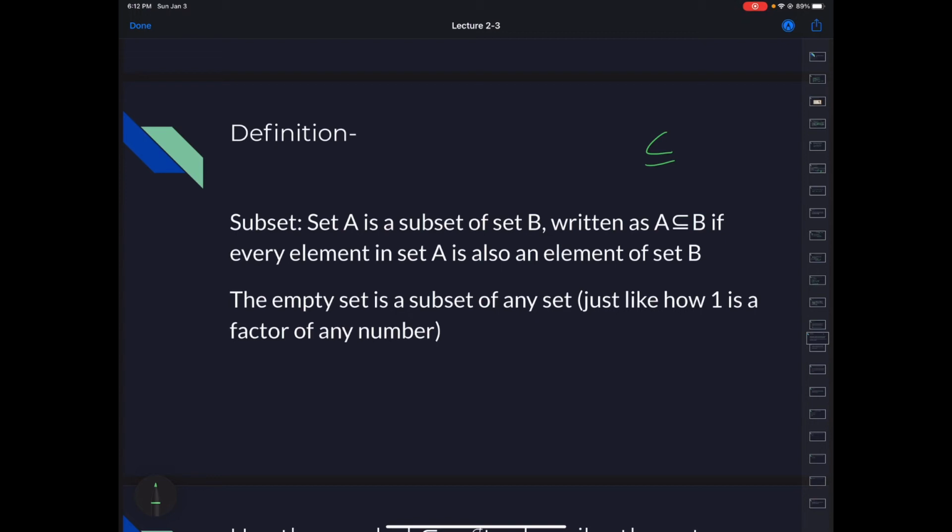A is a subset of B if every element in set A is also an element of set B, which makes sense. The empty set is a subset of all sets. The empty set is always a subset of any set you have, which is similar to the idea that 1 is always a factor of any number. For example, even prime numbers, like the number 13, has 2 factors, 1 and itself. Any set has the empty set as a subset.